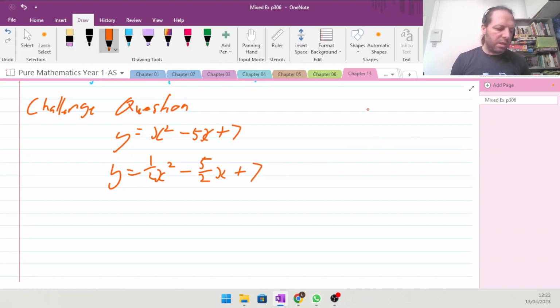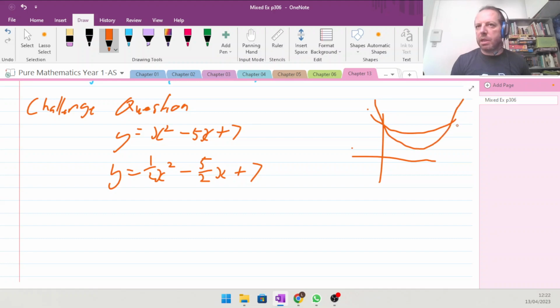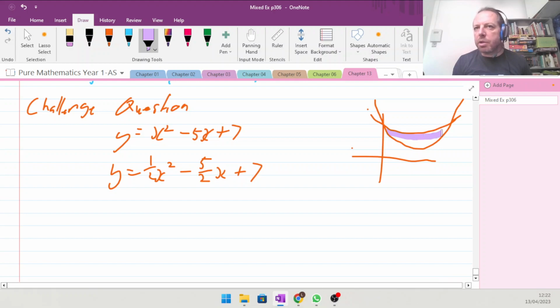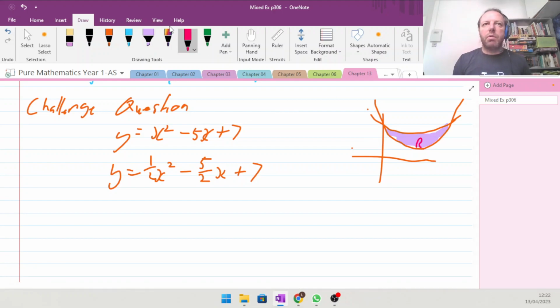So they've drawn us a nice picture which looks a bit like this. Now we've got one graph coming in like this, and we have a second graph coming in like this, and they have coloured in the area bound by those two graphs. Okay, and said that is your R. So what are we going to do?